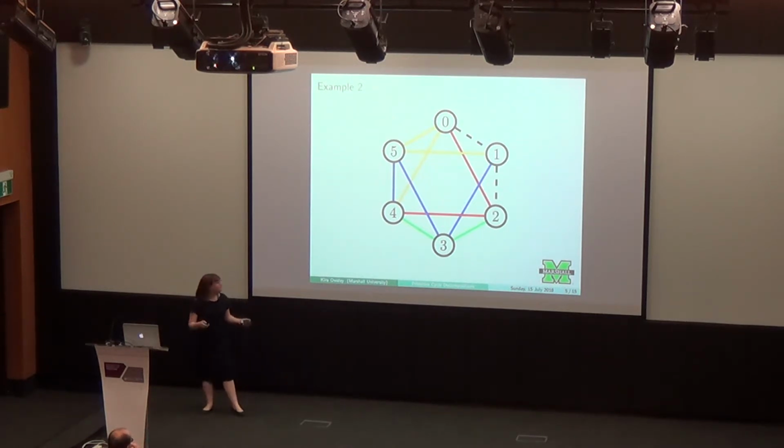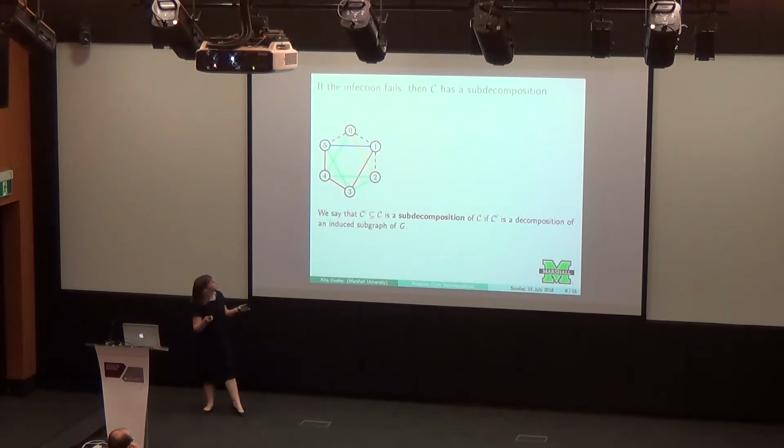And so with that, we say that if the infection does fail and we end up with a smaller portion of the graph infected and know where to go from there, then the decomposition C has a sub-decomposition. For example, this is the example from before that I showed you, where we found that this was a problem whenever we decided to start with the black one.